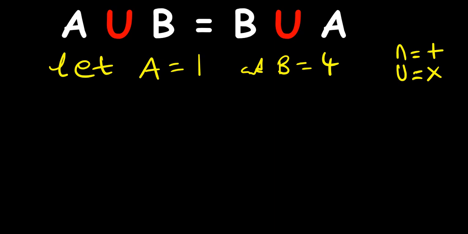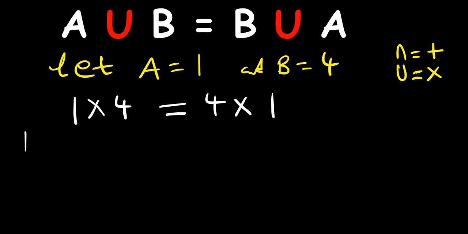So we can replace in the equation. A is 1, union is the same as multiplication so I'm going to put a multiplication sign, B is 4. Is it equal to the other side of the equation? B is 4, multiplication, A is 1.